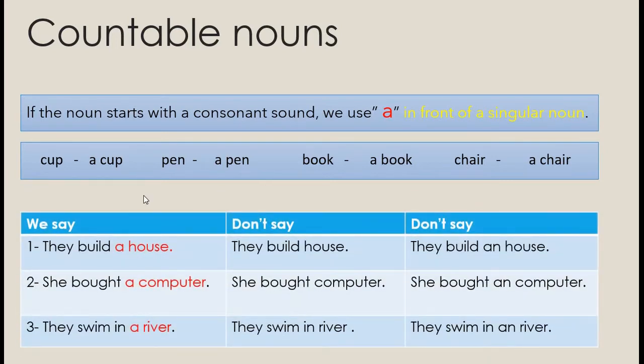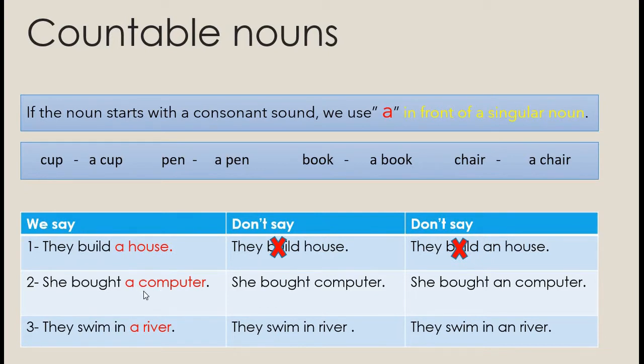Look at these sentences. They build a house. House, singular noun. We use a in front of it. They build house. No, this is wrong. They build an house. This is also wrong. We cannot say that. She bought a computer. Computer, singular noun.